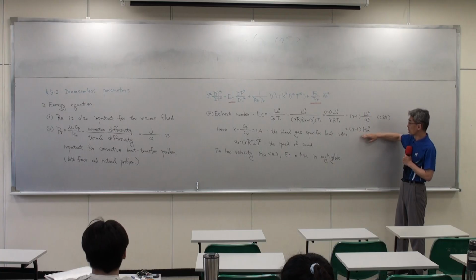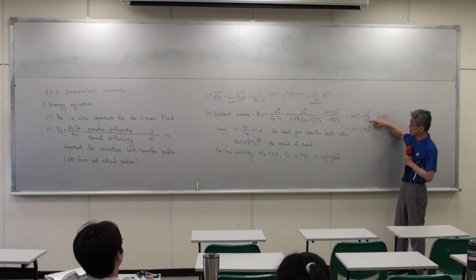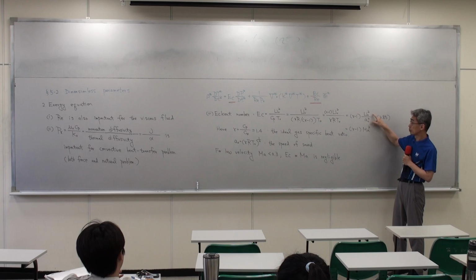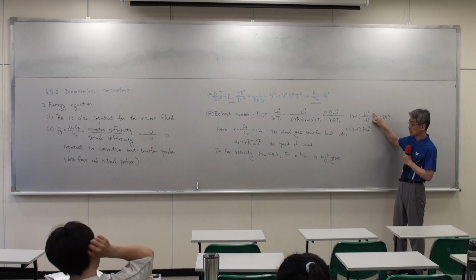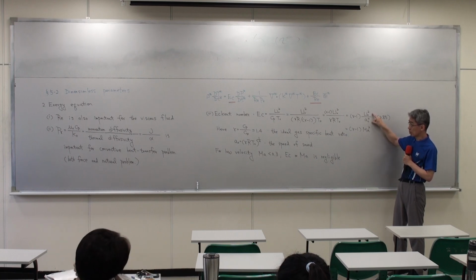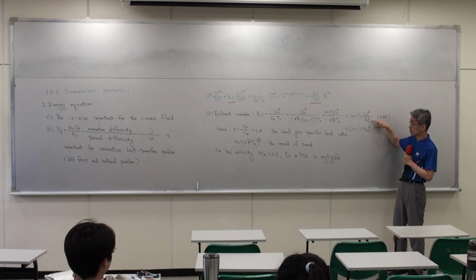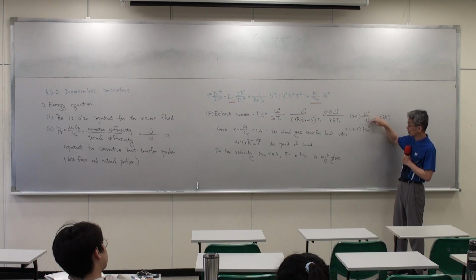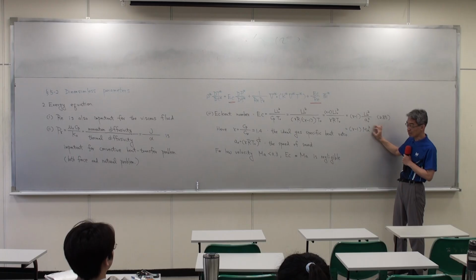So basically, for the Mach number, you compare the speed of sound and the velocity of your fluid particle. If your fluid particle velocity is small compared with the speed of sound, this value is close to 0.